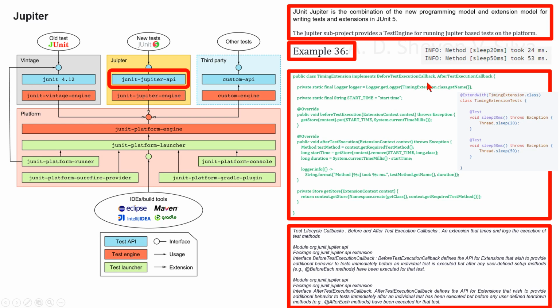Since the TimingExtensionTests class registers the TimingExtension via @ExtendWith, its tests will have the timing applied when they execute. The following is an example of logging produced when the TimingExtensionTests class is run.